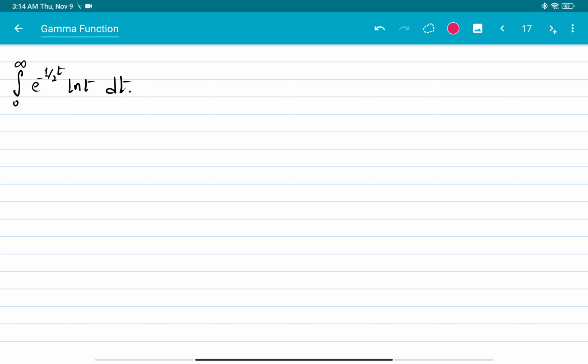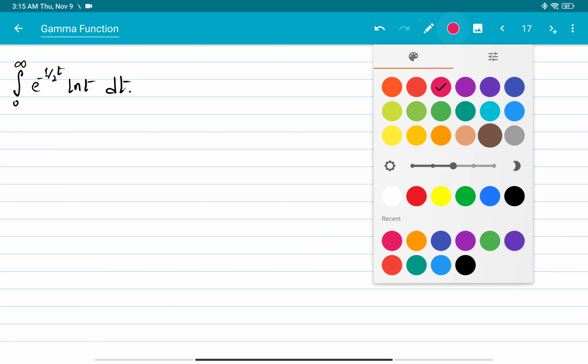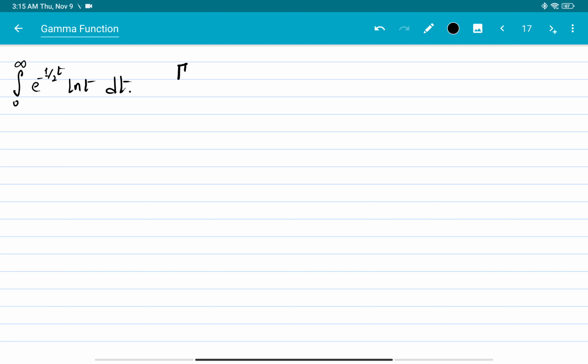So you know that gamma of n equals the integral from 0 to infinity of e to the power minus t times t to the power n minus 1 dt, right? So we can adjust these things a bit.